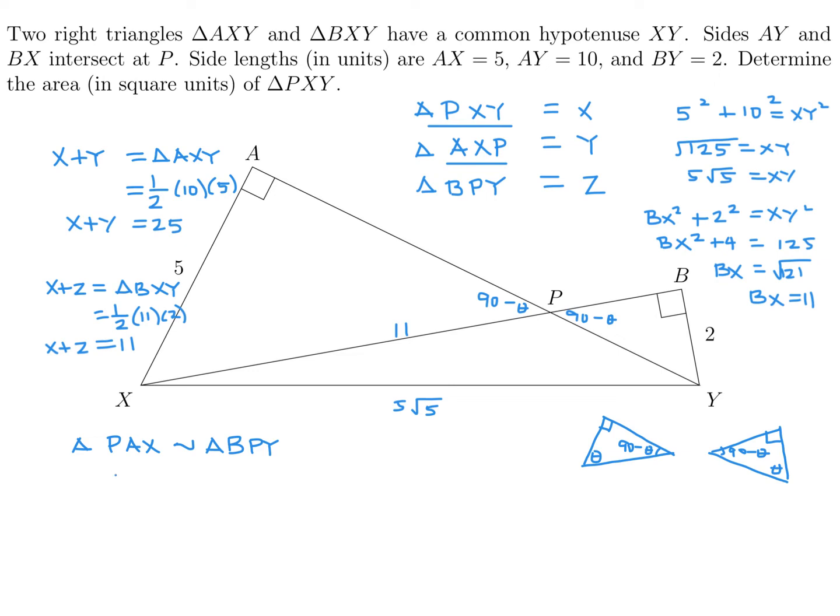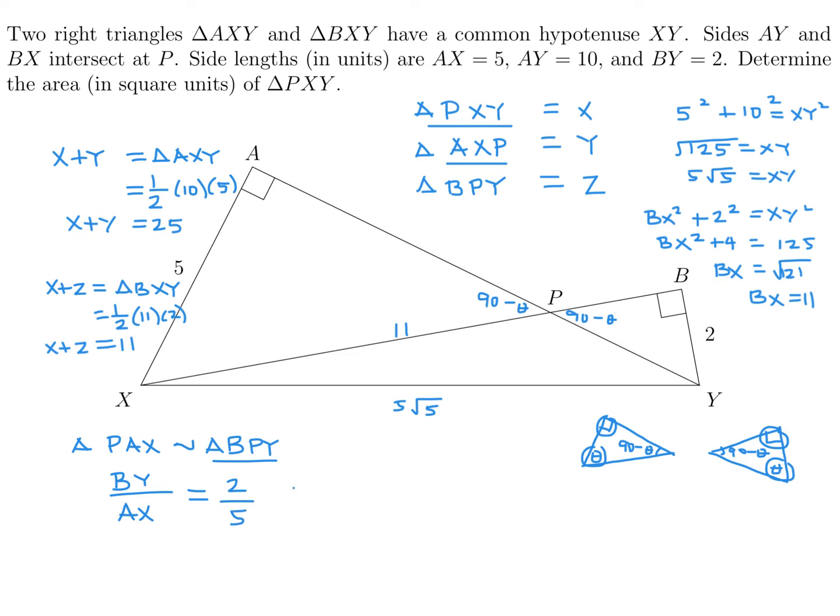So that means if we take a ratio of the sides, which is BY in this triangle over AX in the other triangle, which are both the 90 minus theta sides, that's equal to, well, we know the actual values, 2 and 5.